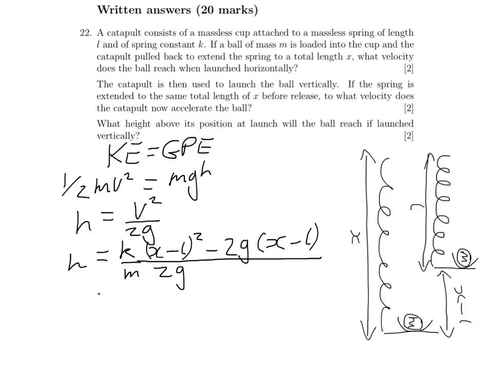We can rewrite this, cancelling the 2g's in that second term, to give us k over 2mg (x minus L) squared. The 2g has been cancelled, leaving just x minus L there.